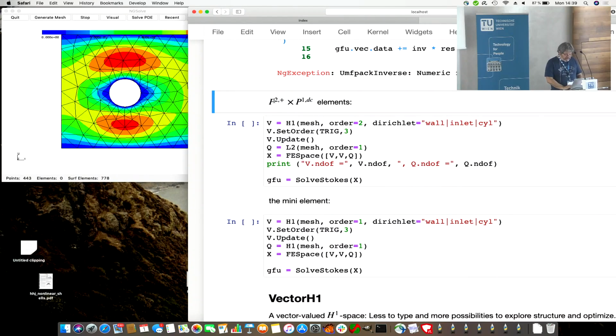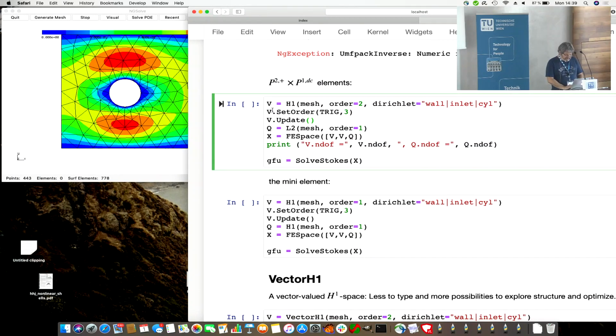What's working are P2 plus elements, which means P2 elements plus adding a cubic bubble, making it P3 internally, with pressure discontinuous P1. We get this by defining the V space in H1, second order, but then we can manipulate it. We can set the order of node types, the different order.